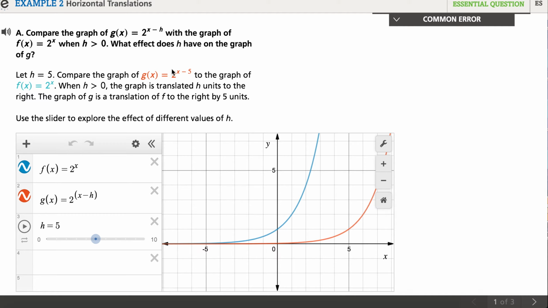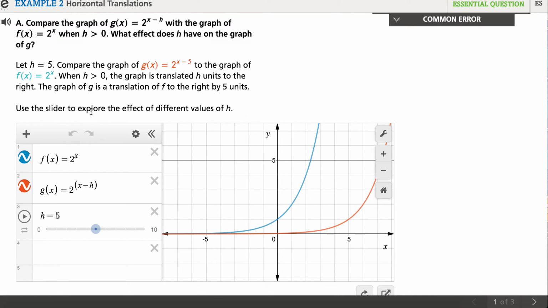When h is greater than 0, the graph is translated h units to the right, as you see here in orange. The graph of g is a translation of f to the right by 5 units.